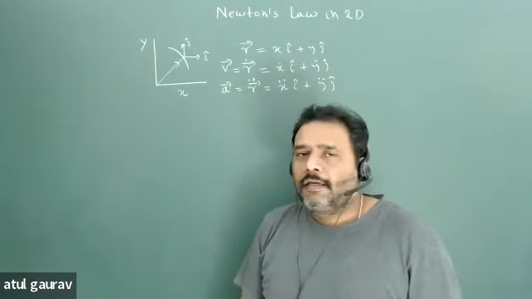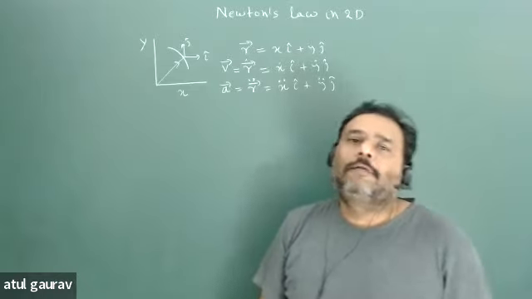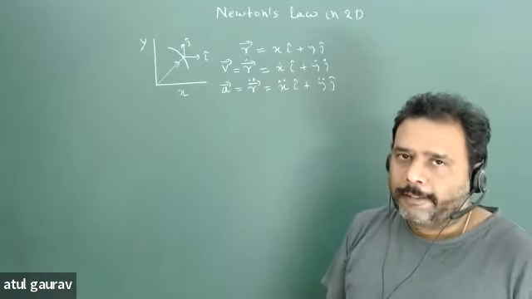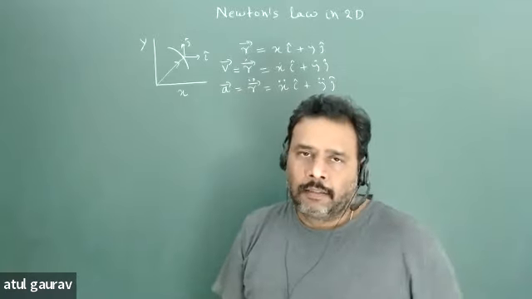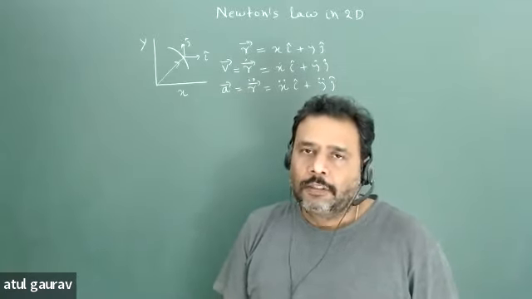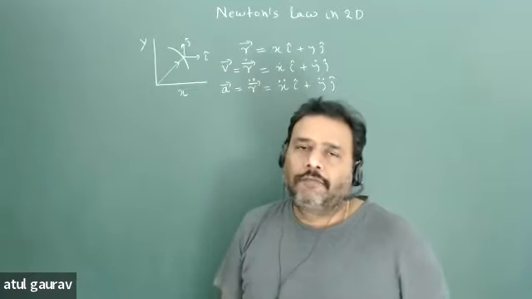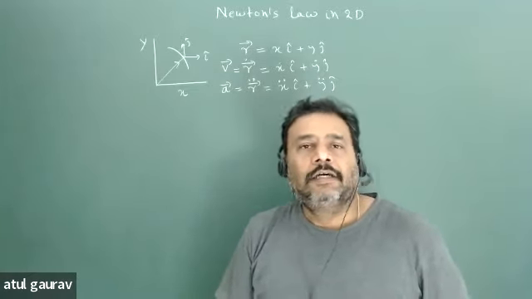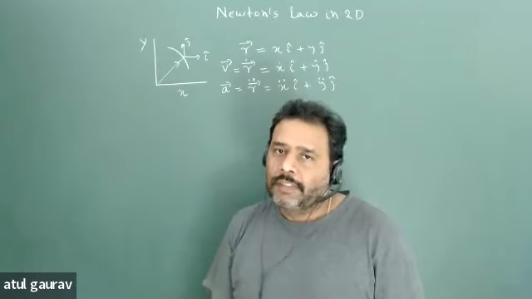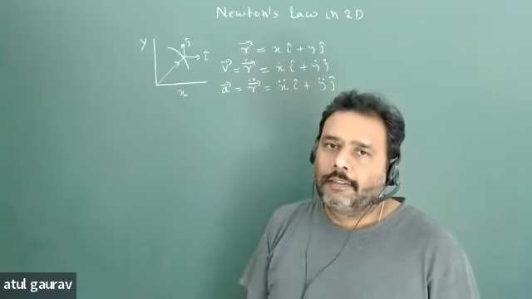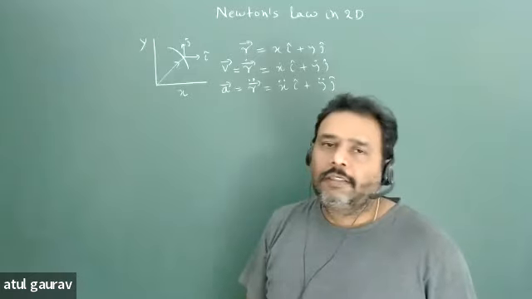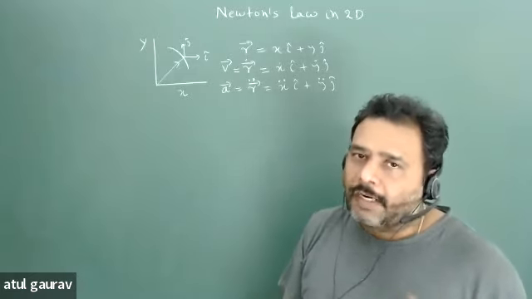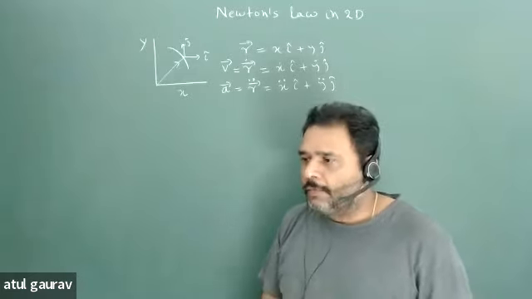But every problem cannot be solved in Cartesian coordinates, especially when there is angular variation of a particle. If there is angular variation of a particle, then obviously the best coordinate system is the polar coordinate. So when we go for the polar coordinate, let's see the basic fundamental calculation behind it.